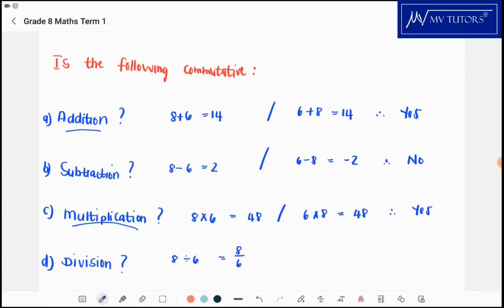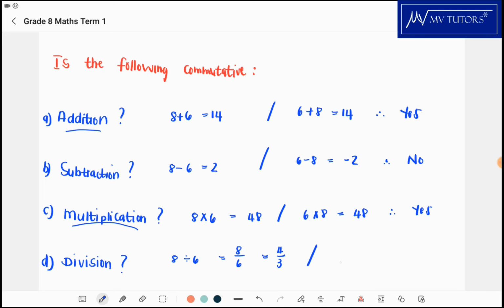And I'm going to simplify it. 8 divided by 6, if I simplify it, I will get 4 over 3. No, not 3 over 4, but 4 over 3. This is me just simplifying it. If you check on your calculator, it's going to give you 1.333, until we say 3 recurs, so it's recurring, but let's just leave it in fraction form.